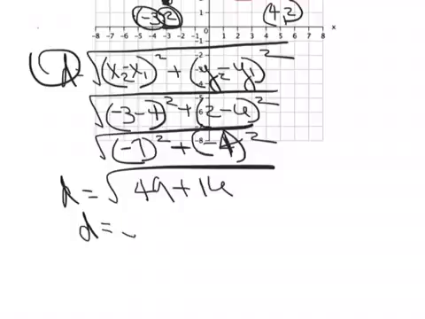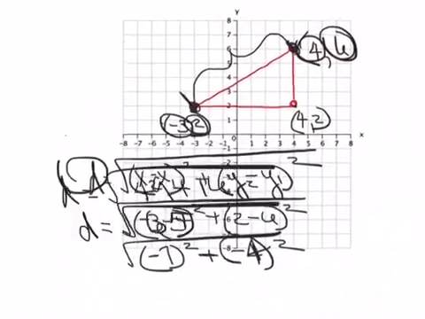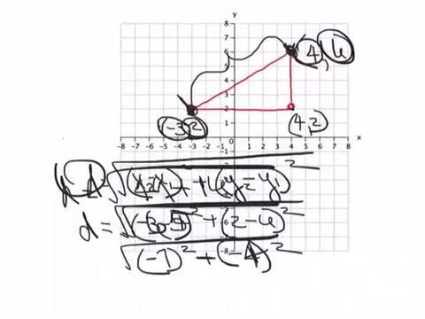So d equals the square root of 65. Okay, so that ends up being the distance, my hypotenuse right there, square root of 65, or around 8-ish, something like that.